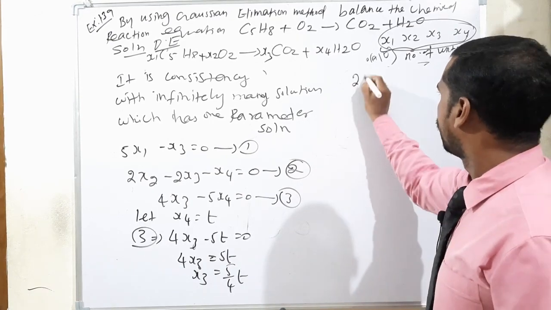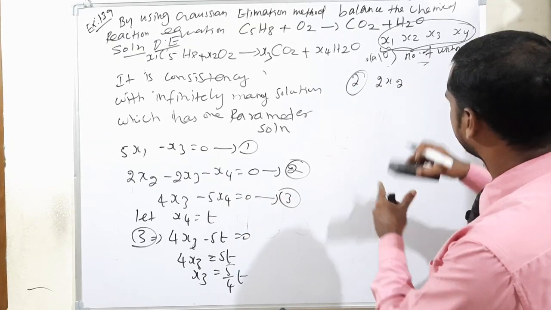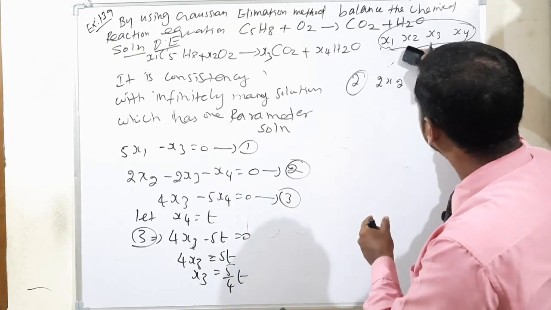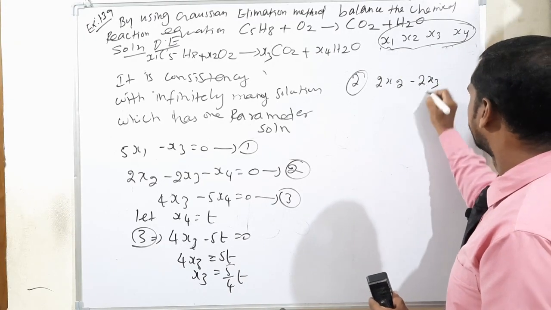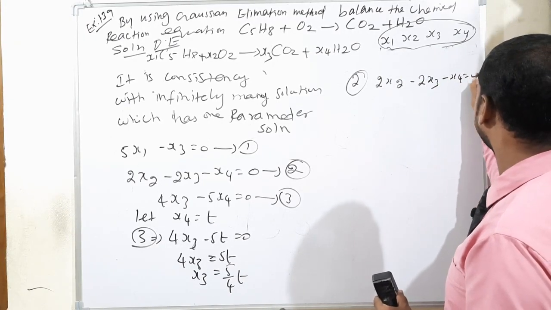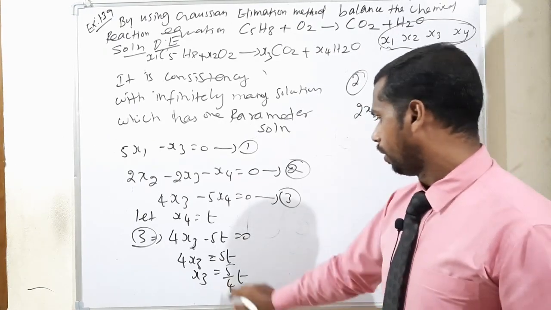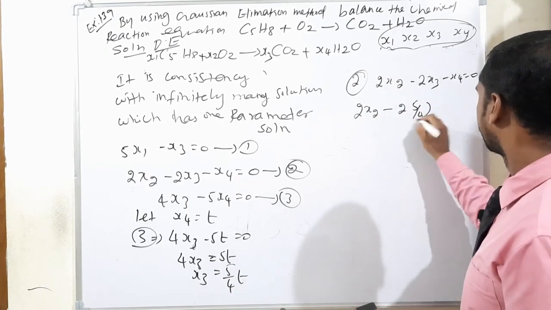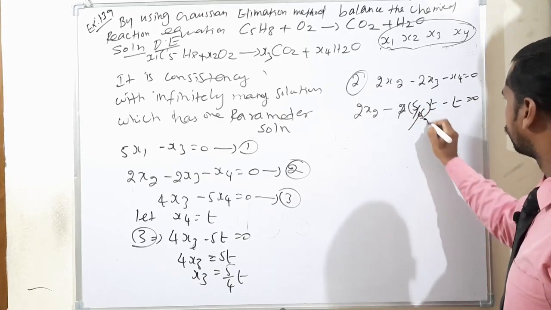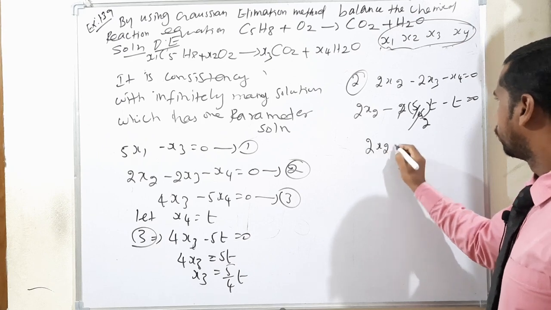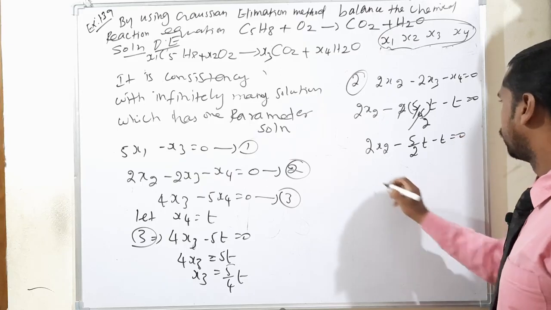Then from equation 2, what is the equation? 2x2 minus 2x3 minus x4 is equal to 0. Again, 2x2 minus 2 times 5 by 4 into t minus t is equal to 0. Again, 2x2 minus 5 by 2 t minus t is equal to 0.